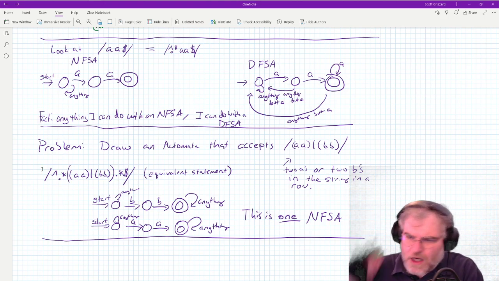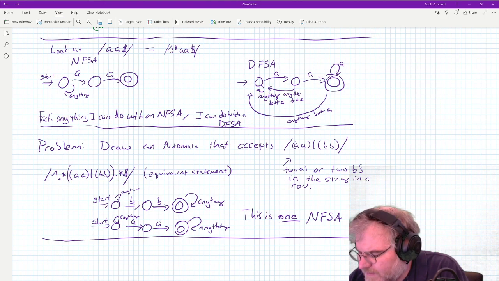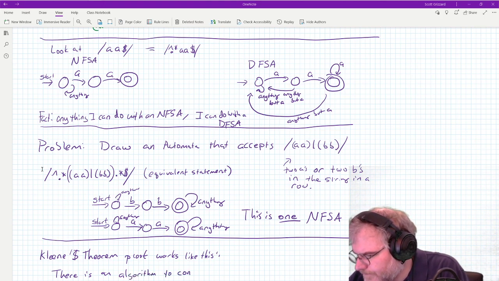The version in the book is long and even more boring than the regular version. Okay.